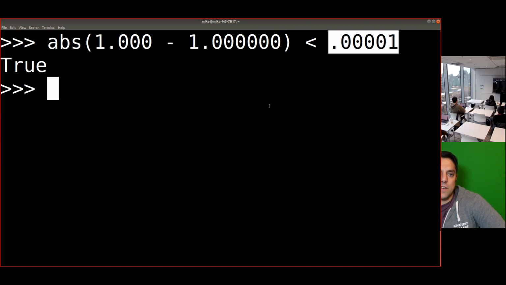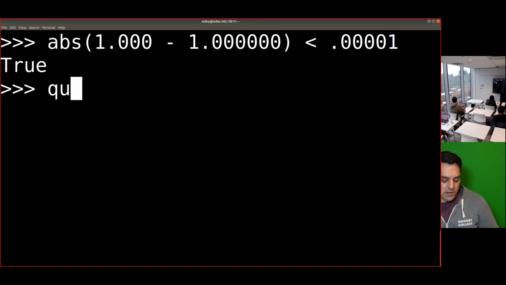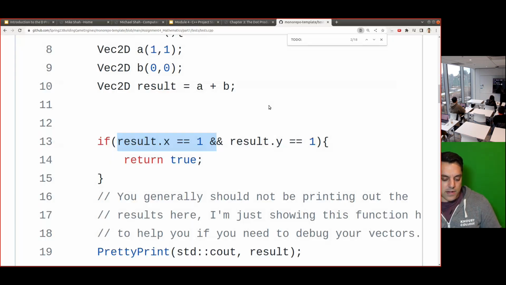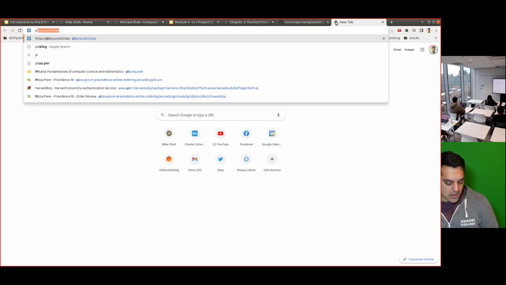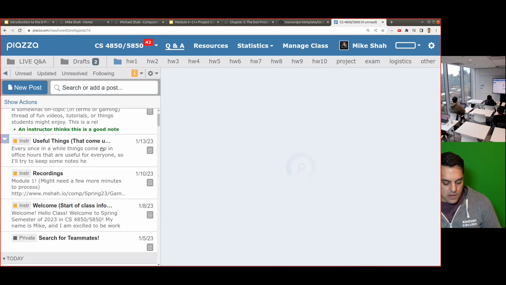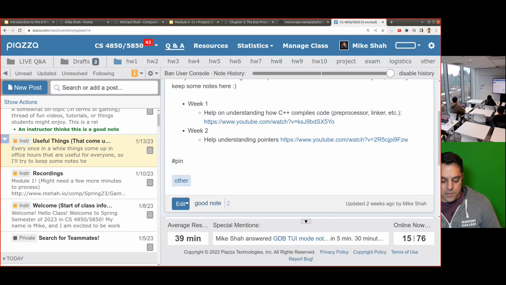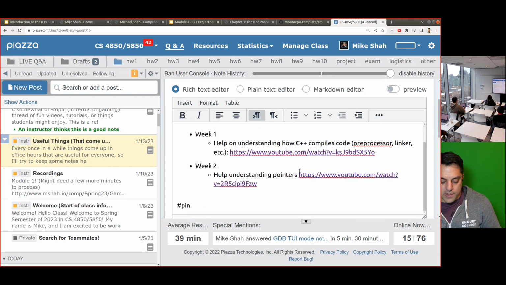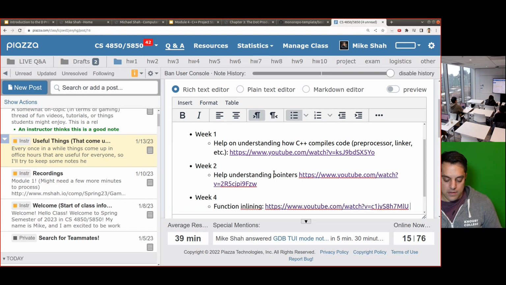I'll post another video on Piazza where I've been posting in one of the pin threads. Let me actually just get that started here, just so you know exactly where I'm going to post it. Under the useful things here, I'll post it under week 4 here. So there was nothing useful in week 3 apparently. Sometimes that's how it is. So function inlining.